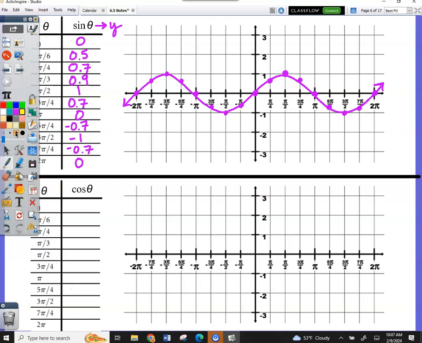I'm going to call them just your anchor points in general. Let's highlight them: 0, pi over 2, pi, 3 pi over 2, and 2 pi. Those are your anchor points because those are the quadrantal radian angles.